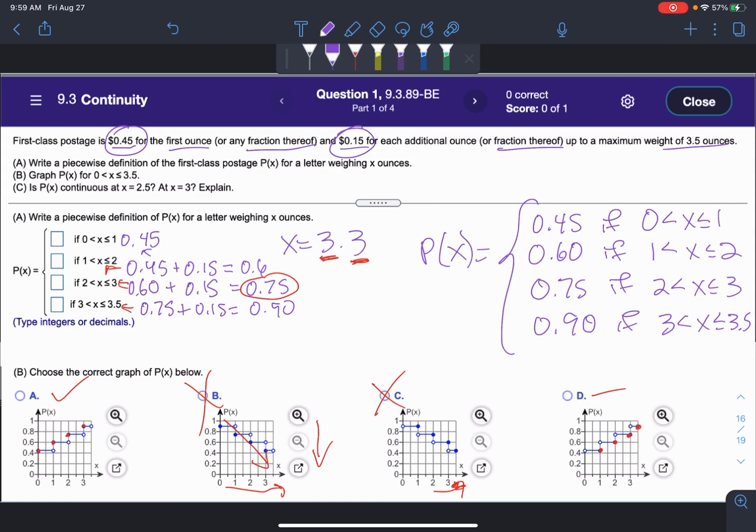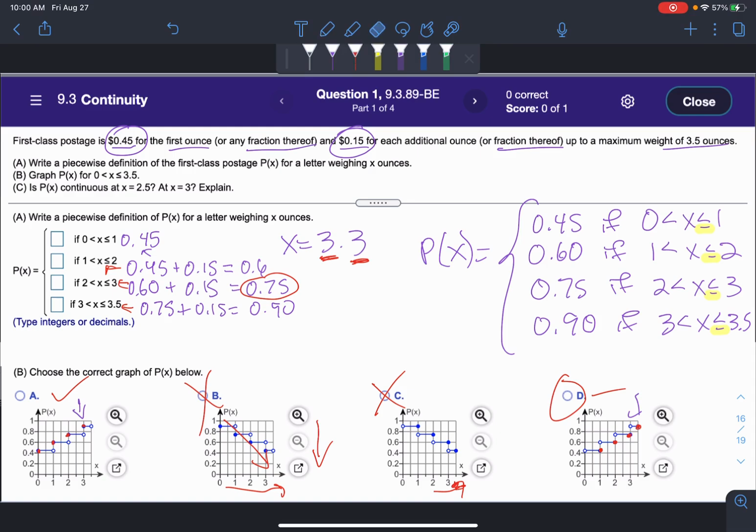So we want to know, where is the X being included? Is it being included in the front end or the back end of the step? And so if we look at our ranges, we notice that the equals is on the end of the range. And so D is our answer.